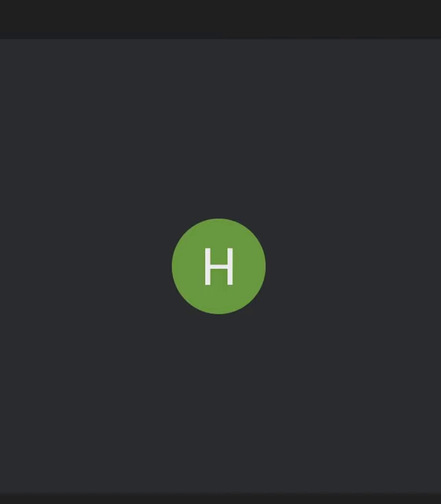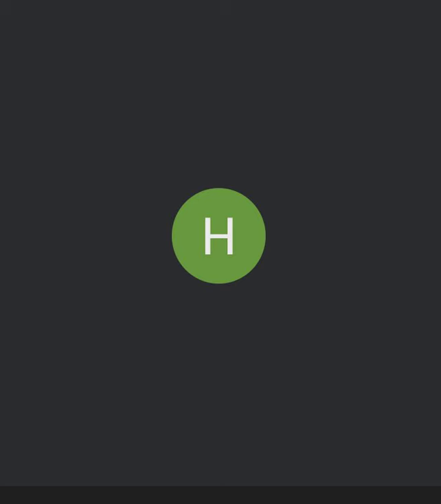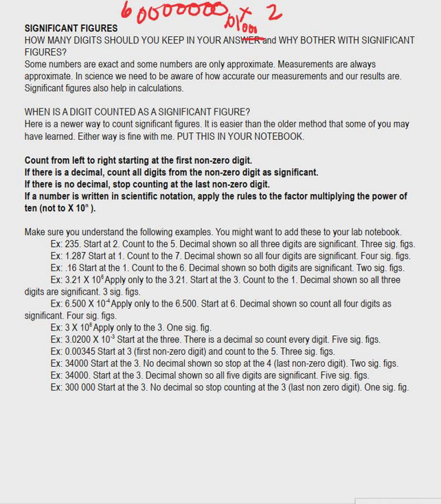after that, and hang on, sorry about that. So you start counting from the first non-zero digit. So if you have 0.013200, you start counting from the first non-zero digit.